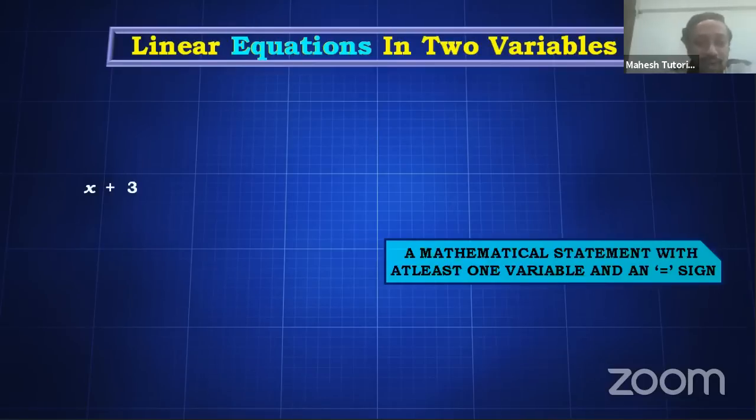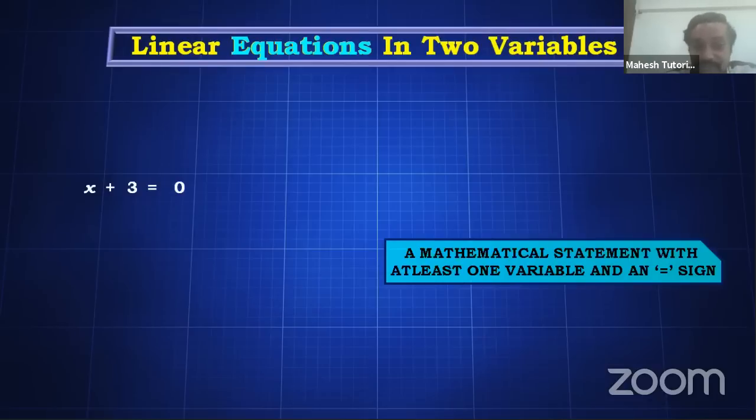चलो students, let us do one thing. अब ये जो mathematical statement दिख रहा है ना, I'll make some changes in it. अच्छा, now everybody look at the mathematical statement: x plus 3 is equal to 0. Now tell me, does this mathematical statement contain at least one variable? Yes, so the first condition is satisfied. Does it contain an equal to sign?